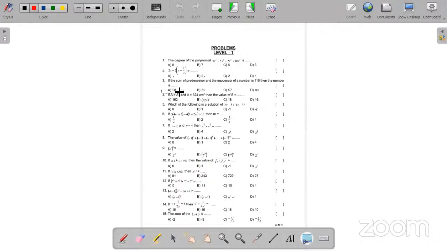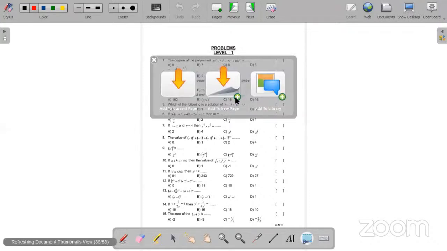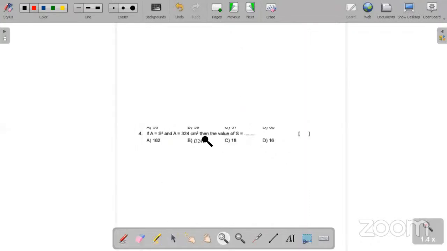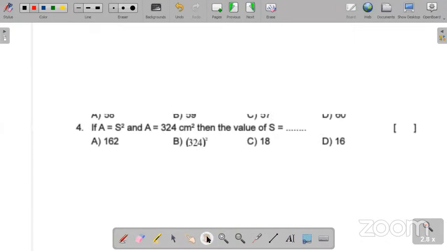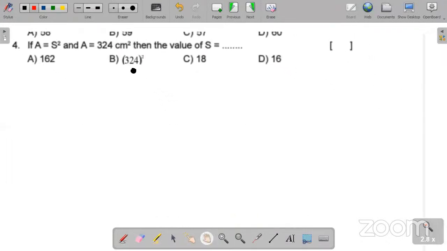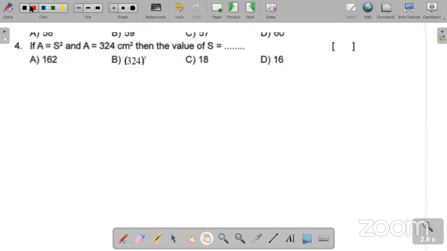Let us discuss some important questions. I'll skip some questions also. First read this question. A is equal to S square and A is equal to 324 centimeters square, what is the value of S?